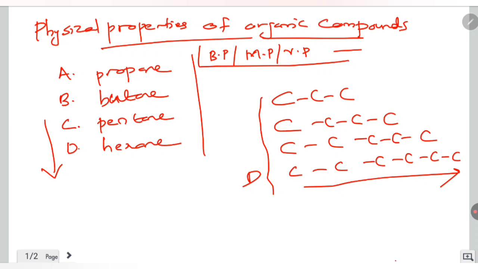So it needs more energy to overcome the intermolecular force. So we can say compound D has a higher boiling point than other compounds or compound A, right? So the point here is when chain length increases, the strength of intermolecular force also increases.